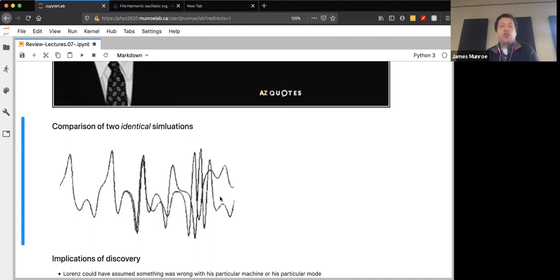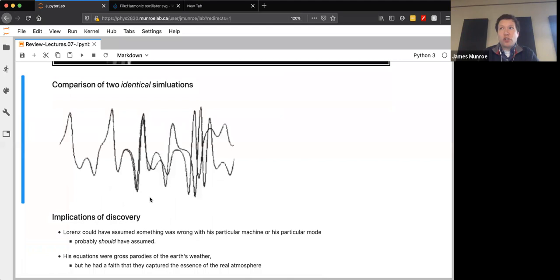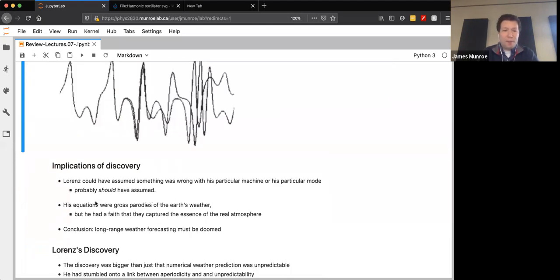Chaotic means two solutions in a system of equations that start off with very close initial conditions, literally close together, will eventually diverge and become completely different. A random process would be different right from the beginning, something like flipping coins. So that's what a chaotic system is: there is structure. It's just not always the same.